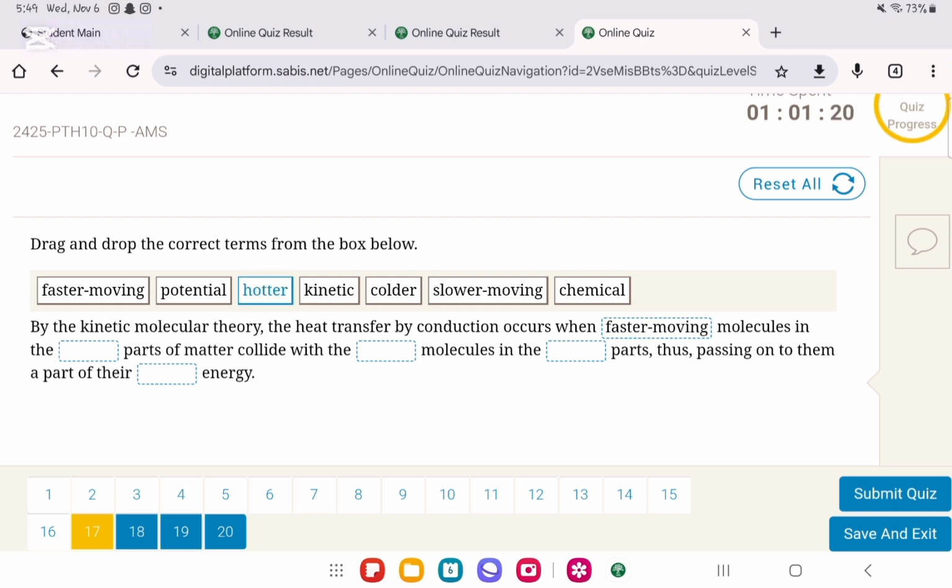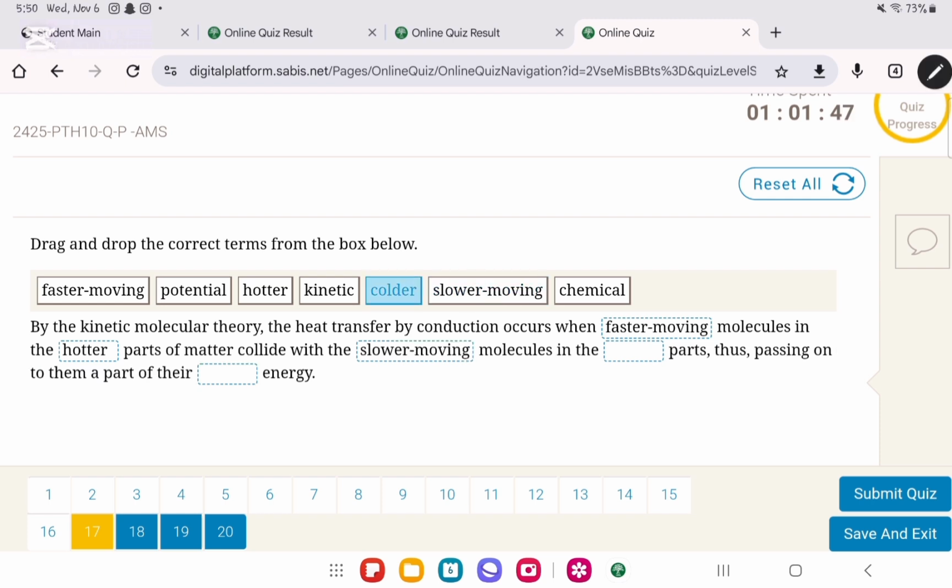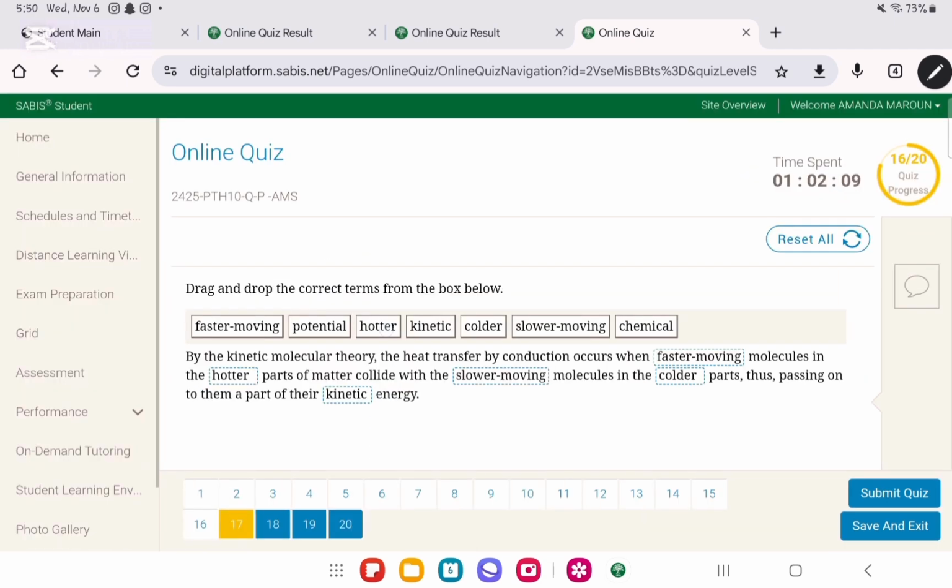They are also hotter, so if you have a higher kinetic energy, or if you're moving faster, then you are hotter. So what happens is that due to conduction, they are going to bump into the other particles, they are going to collide with the slower moving, colder particles. Then after that, because they are bumping into the slower moving particles, they're going to give them kinetic energy, thus passing on to them a part of their kinetic energy.